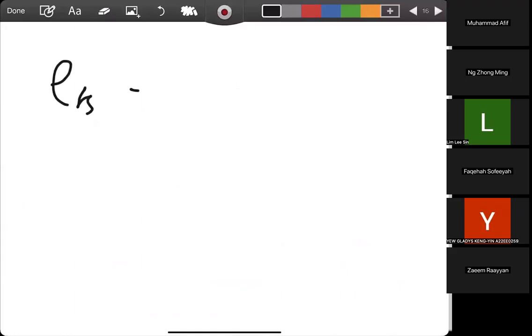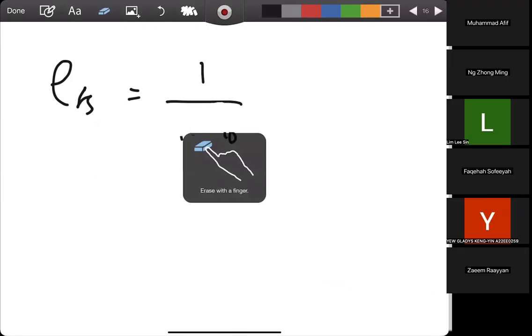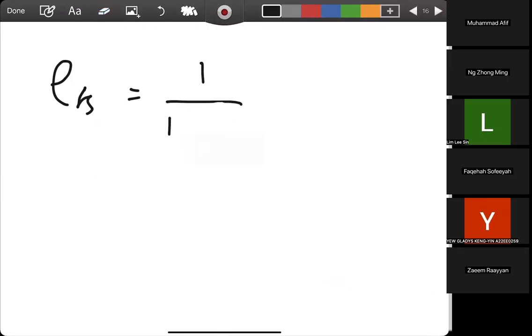Steady state error is 1 over 10.98, which is equal to 0.098. Okay.